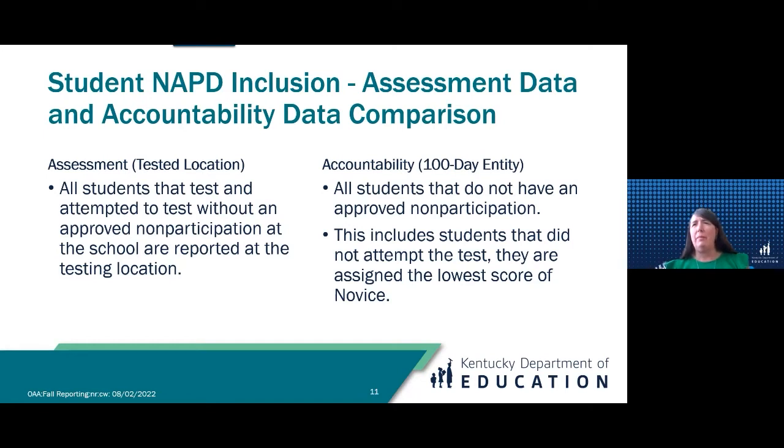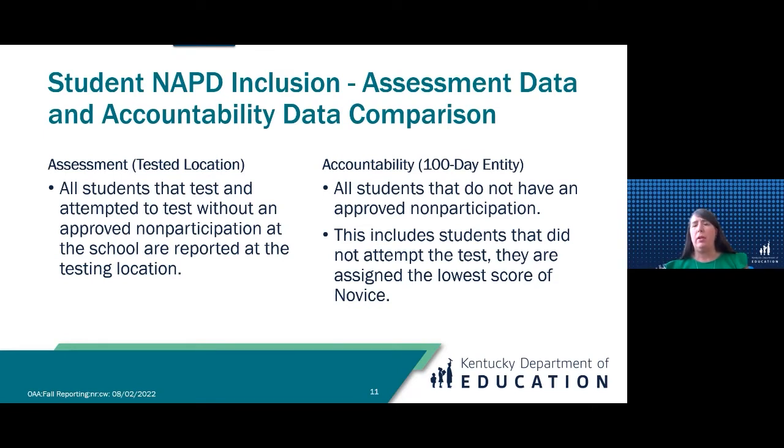Whereas for accountability, it's where your students were for 100 days, and that may not have been the same place where they were tested. So for accountability, it's your 100-day entity. Those are all students who do not have an approved non-participation. This includes students that did not attempt the test.